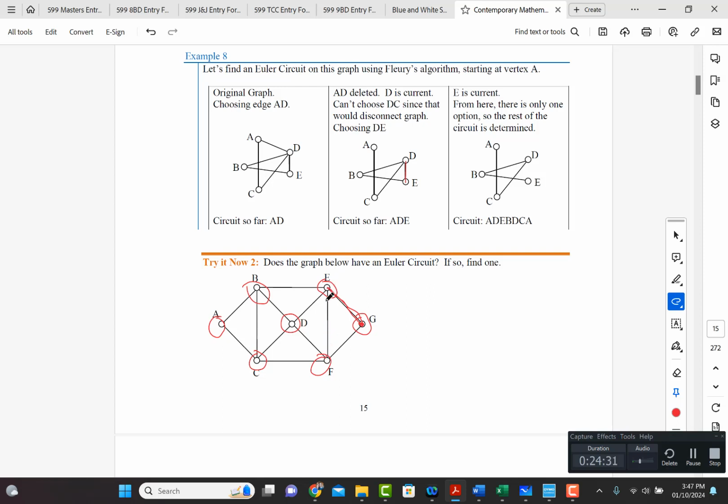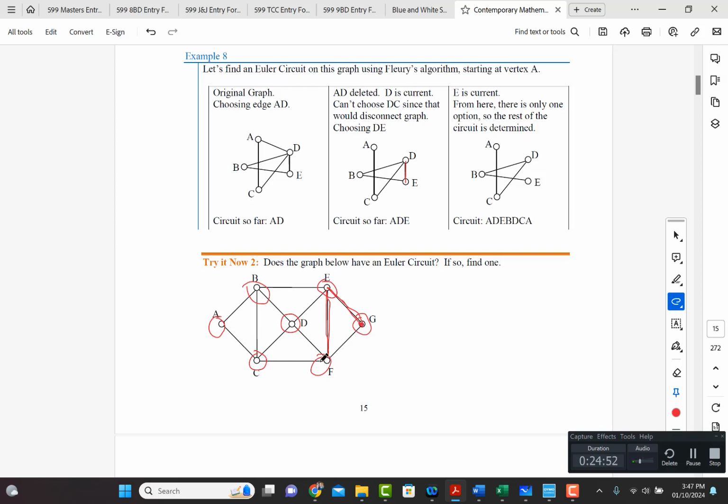If we do EF, yeah, we could do that. Let's do EF. Okay. And now we can't do EG because then we have a disconnected graph, right?